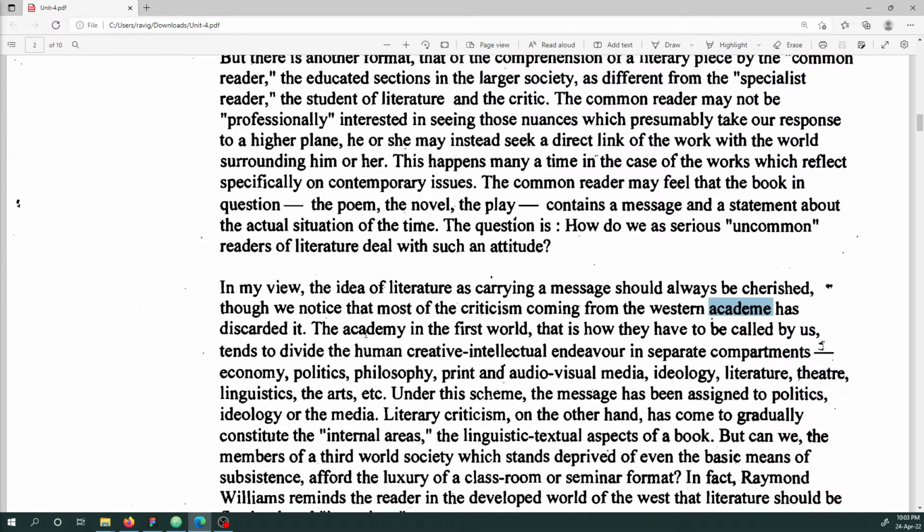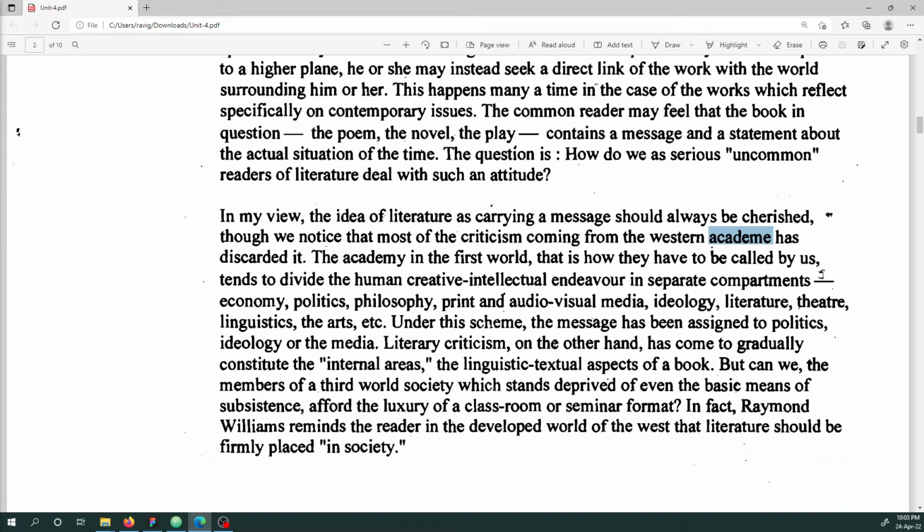The academe tends to divide the human creative, intellectual endeavor in separate compartments: economy, politics, philosophy, print and audiovisual media, ideology, literature, theater, linguistics, the arts, etc. Under this scheme, the message has been assigned to politics, ideology, or the media.